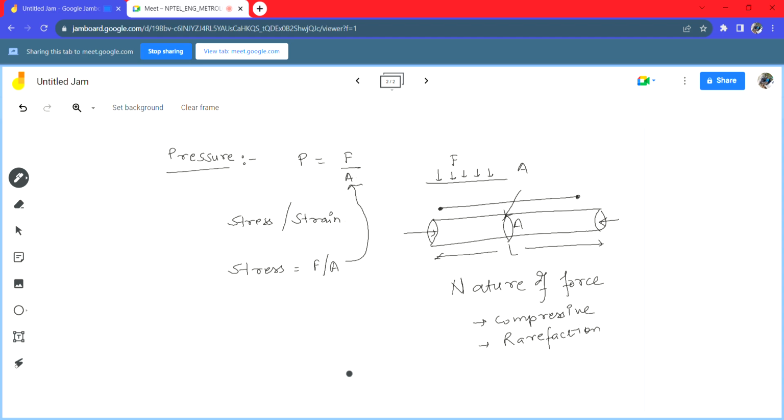On the other hand, if the direction of the force is directed outwards, then it will cause an elongation in the body. So when the nature was compressive, the length was shrinking, while when it was directed outwards, it caused an elongation. So this length L in both the cases was changing.